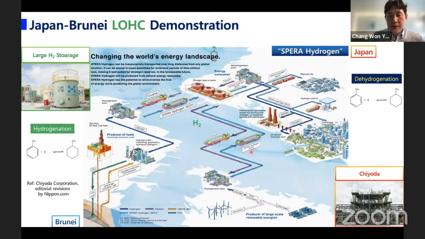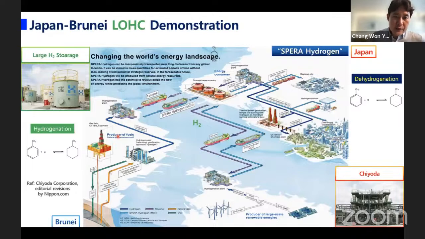Then the concept here is okay, here is Japan, and here is Brunei. What Japan does is, in a ship, they fill toluene and go to Brunei.